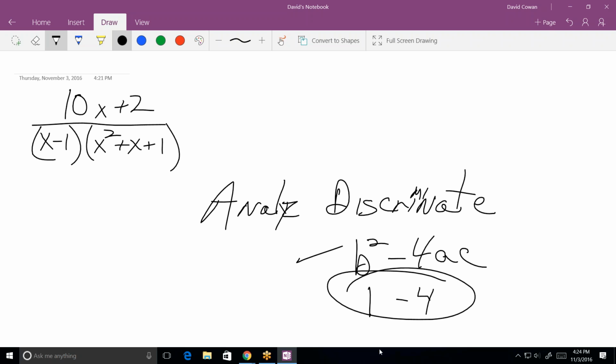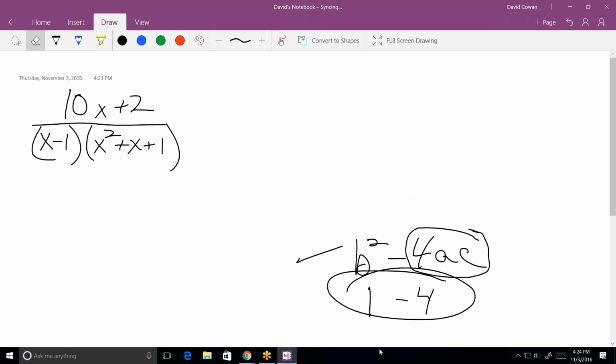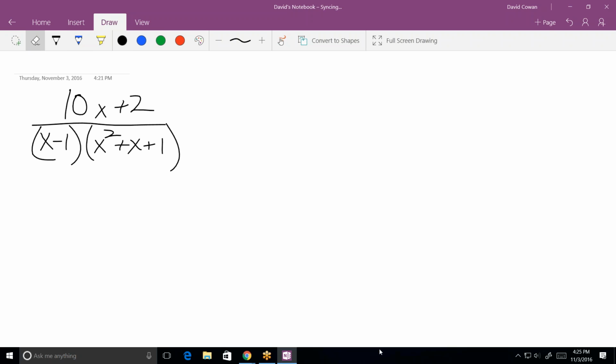If it's a minus sign, they're hardly ever irreducible, because that term would end up minus, and then it's minus a minus, so it's a plus. So you're going to have a positive discriminant if that constant is a negative. Not always, but most of the time.